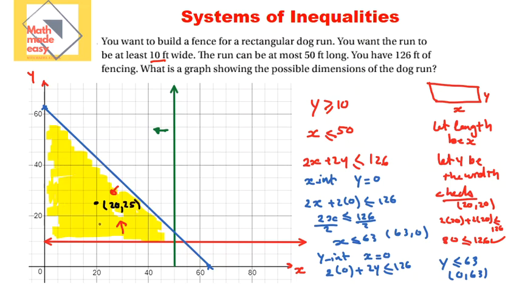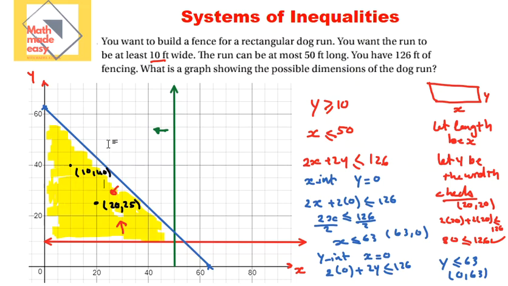You can make your dog run. 20 here represents x, the length, so a length of 20 feet and a width of 25 feet. You can make it with a length like this point here, where I have (10, 40). I can make it 10 feet long and 40 feet wide, and so on. Any point in this shaded region is a possible dimension for this dog run.